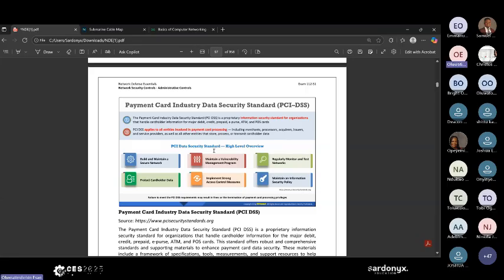That means you are mitigating those vulnerabilities as much as possible. You are regulating, monitoring, and testing your network, in case there are any flaws. You are protecting cardholder data, that means the people that own those cards. Also, you implement strong access control measures and maintain an information security policy.